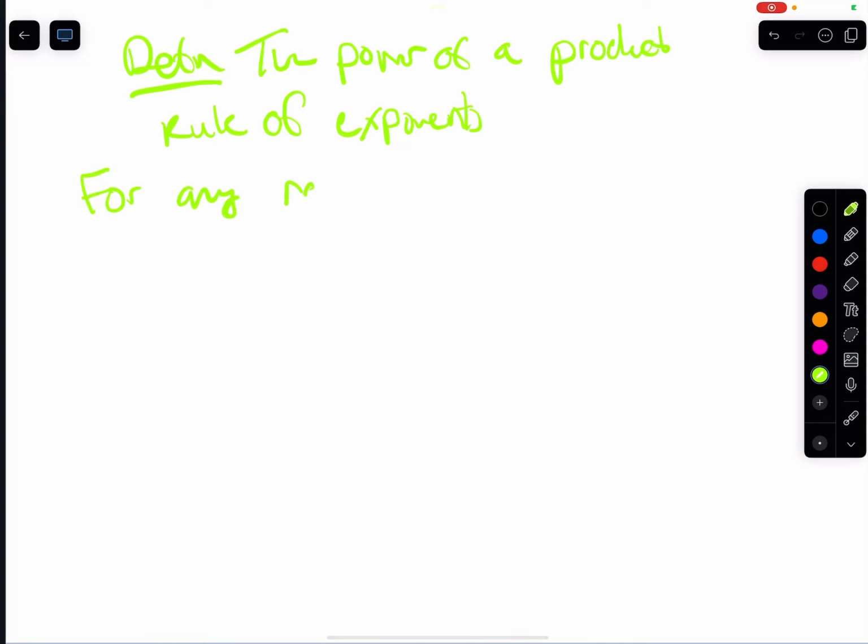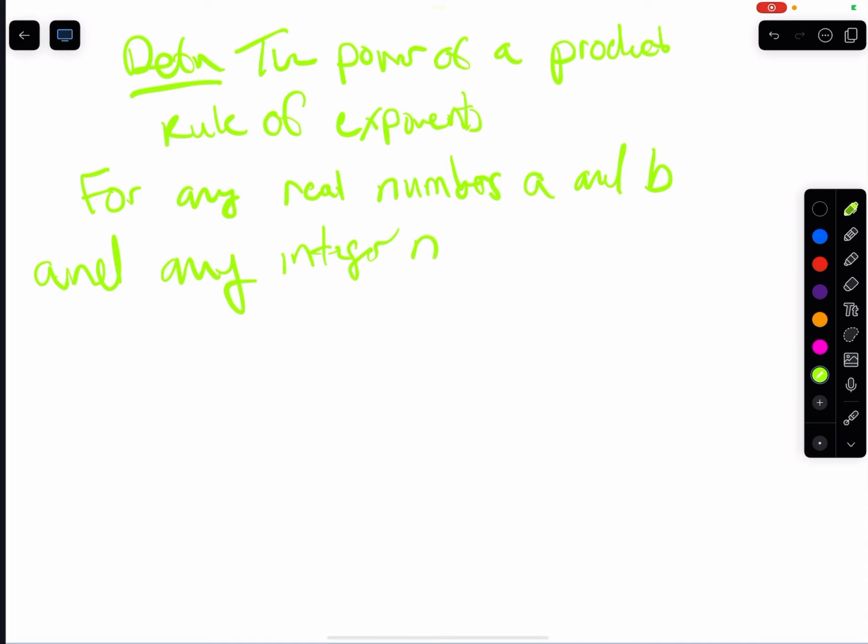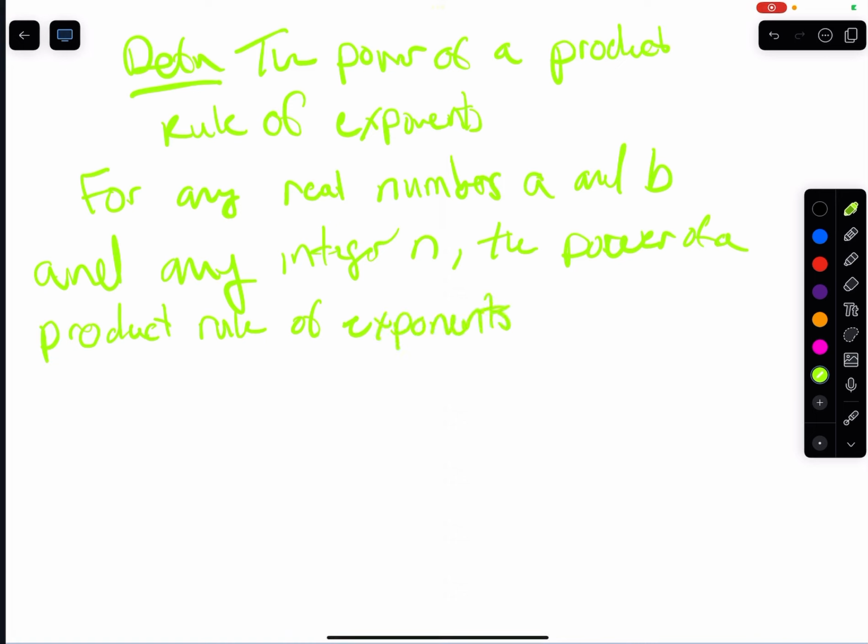For any real numbers a and b, and any integer n, the power of a product rule of exponents states that a times b raised to the n power is equal to a to the n power times b to the n power.